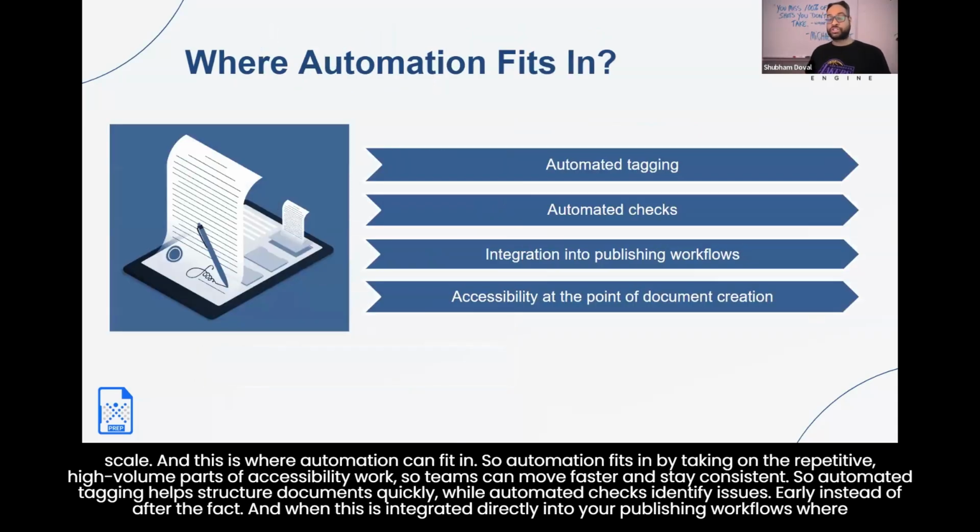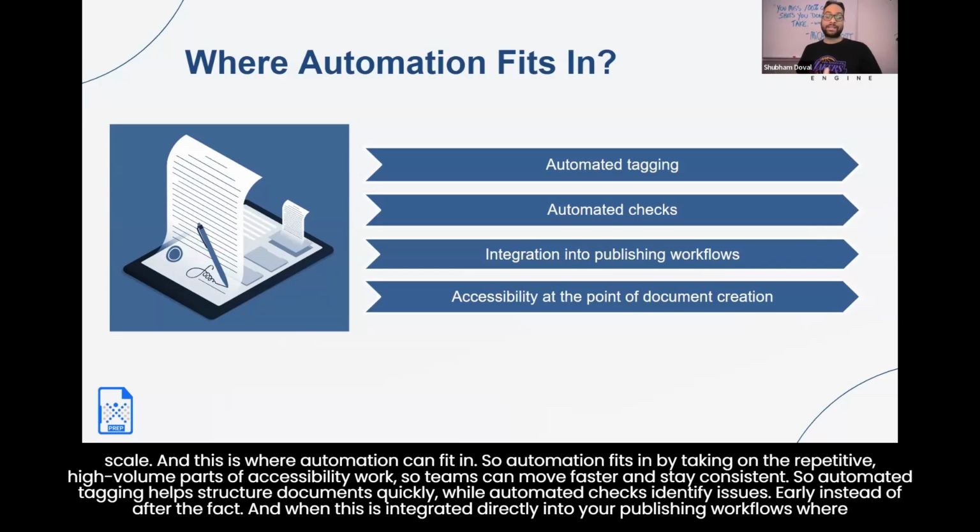And this is where automation can fit in. Automation takes on the repetitive, high-volume parts of accessibility work so teams can move faster and stay consistent. Automated tagging helps structure documents quickly, while automated checks identify issues early instead of after the fact.